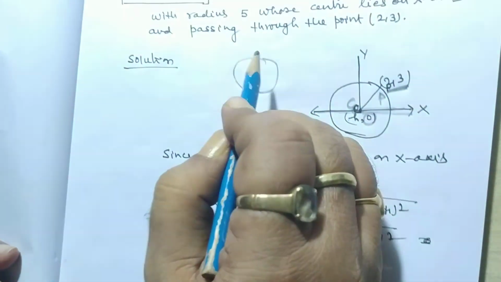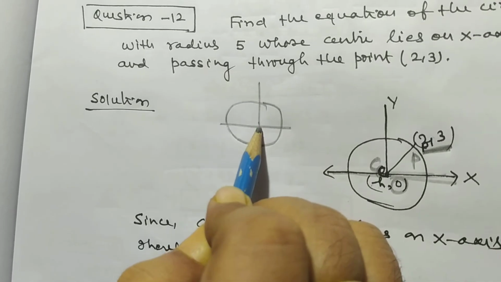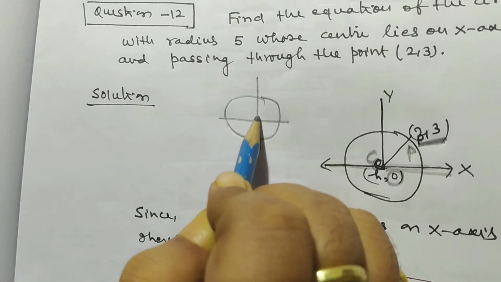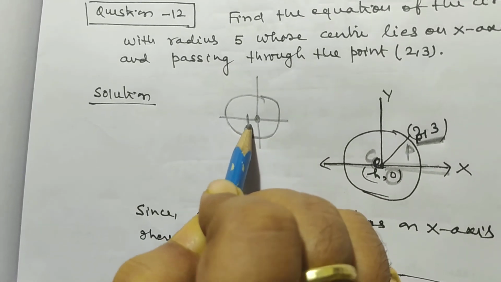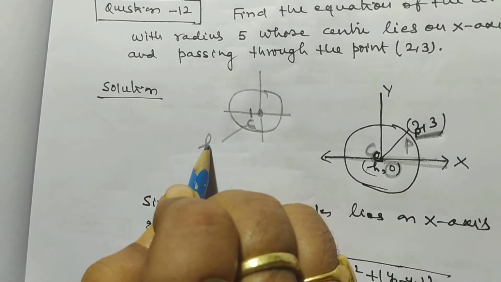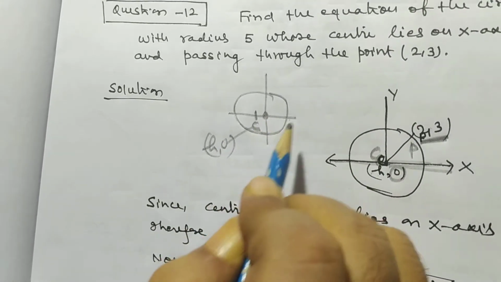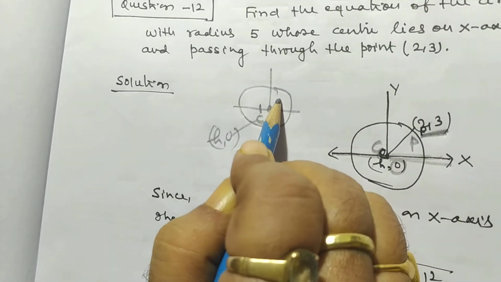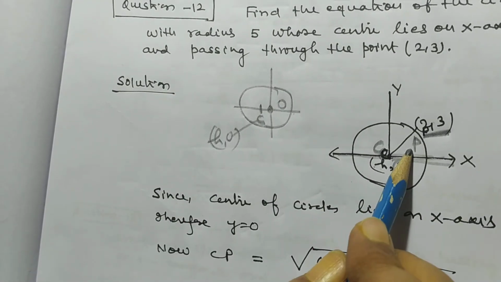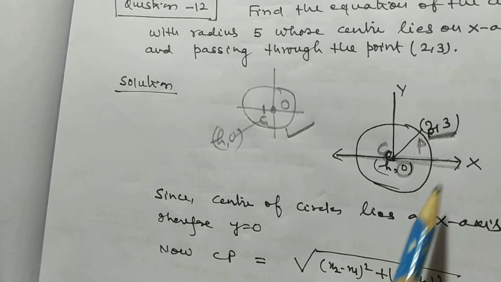In this figure, the center is on the x-axis, not at the origin. Here is the x-axis, and we consider this center as (h, 0). It is not at the point of intersection of the x-axis and y-axis; it is not at the origin. The earlier figure is not clear, so you may get confused.